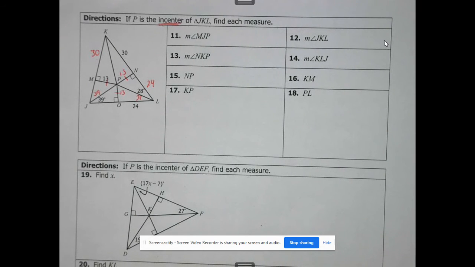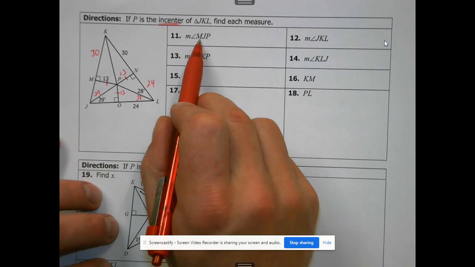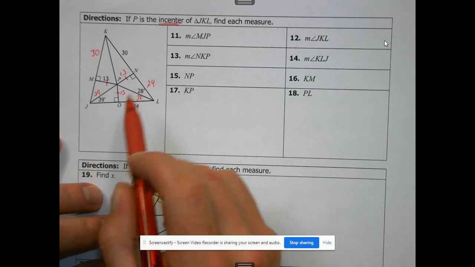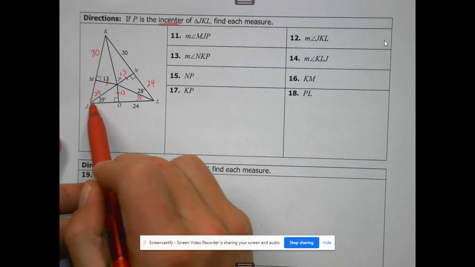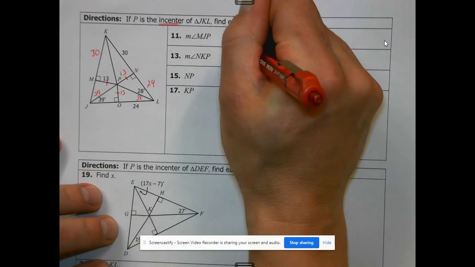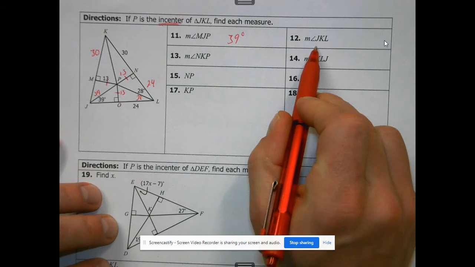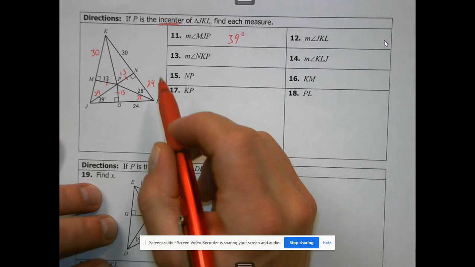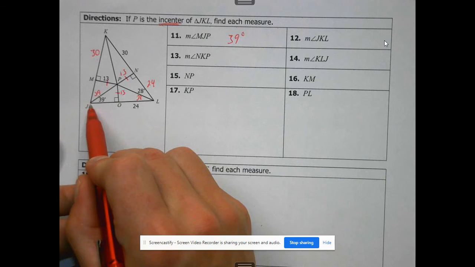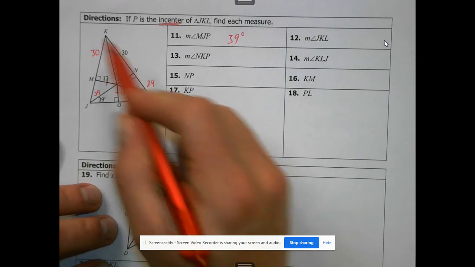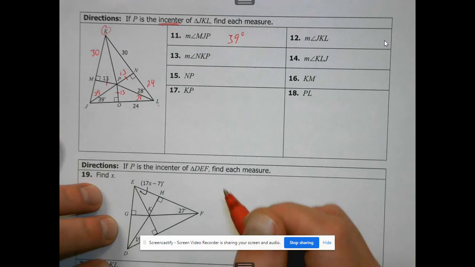All right, here we go. Angle MJP, MJP right here, 39. JKL, all of this, right?